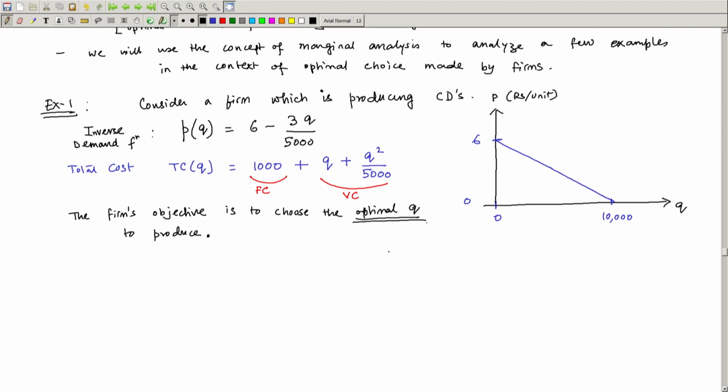And let us be very specific. Now, the objective is what is the optimal quantity to produce in order to maximize its profit.